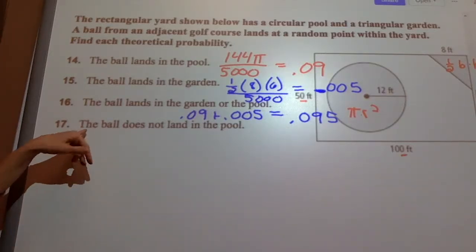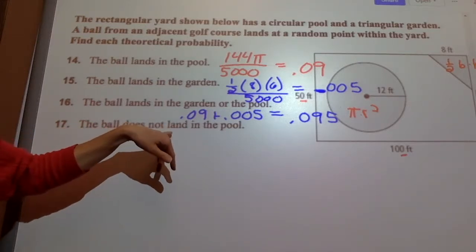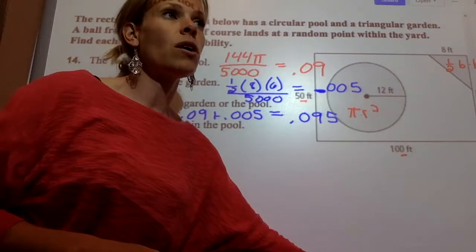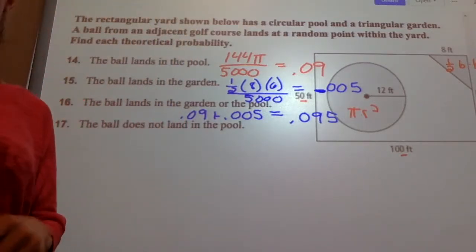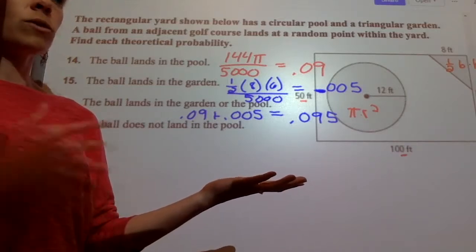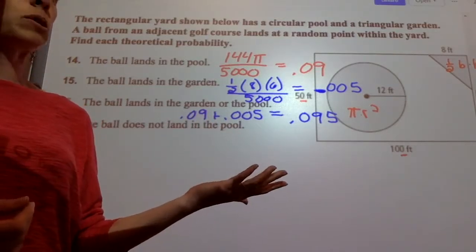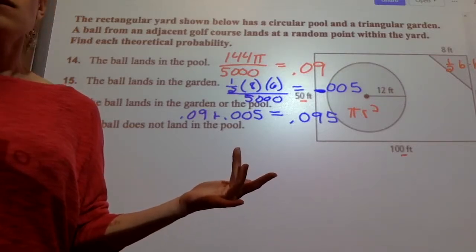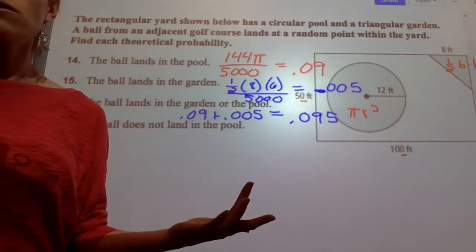Okay. How about the ball does not land in the pool? Okay. Sometimes in statistics you can solve stuff by the complement. Complement means that if one thing happens, then there's only one other option. Like if there's a 30% chance of rain today, what's the probability of no rain? 70, because it either rains or doesn't rain.